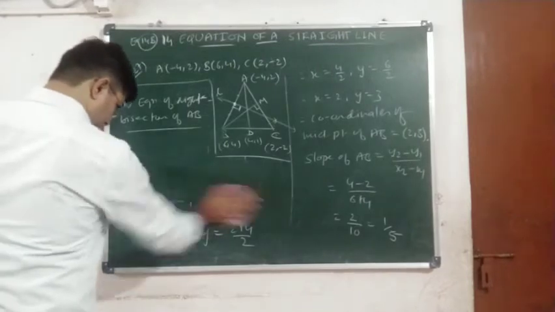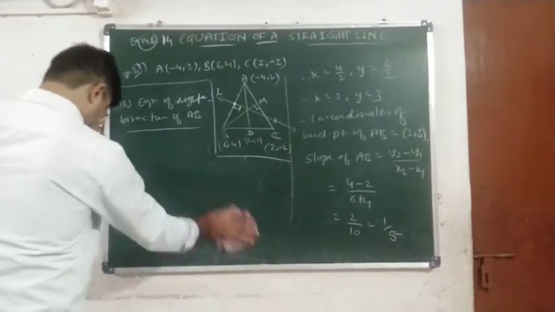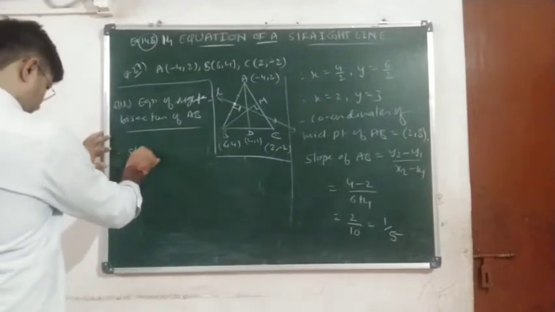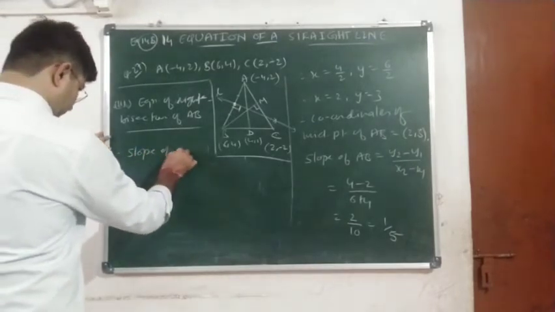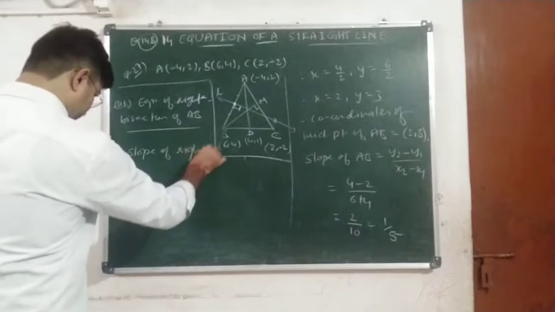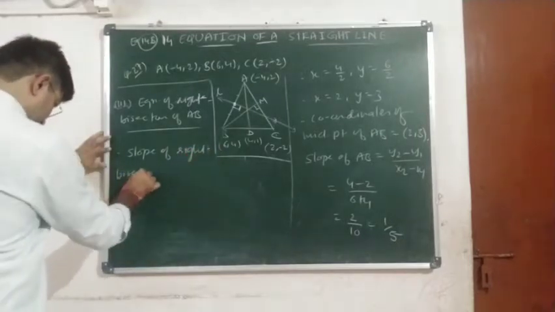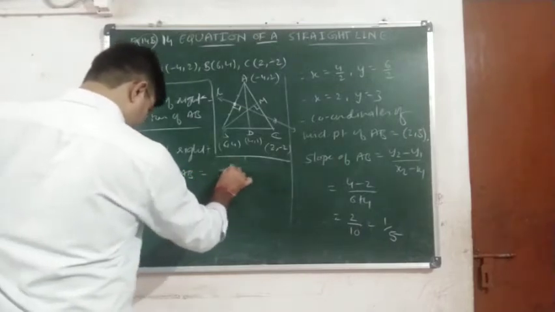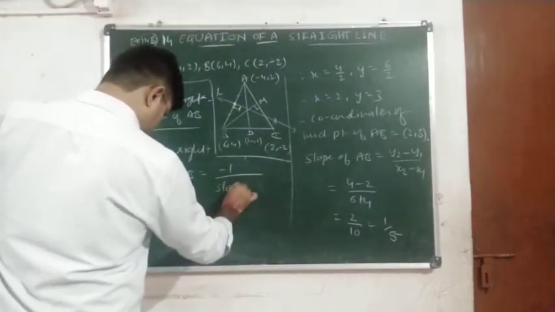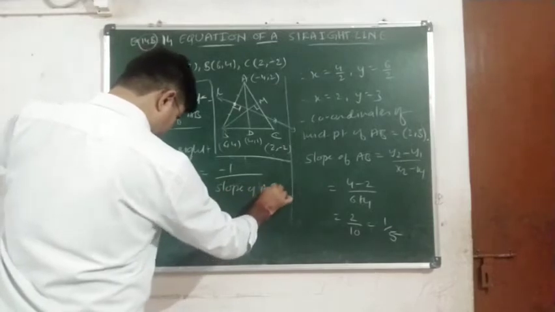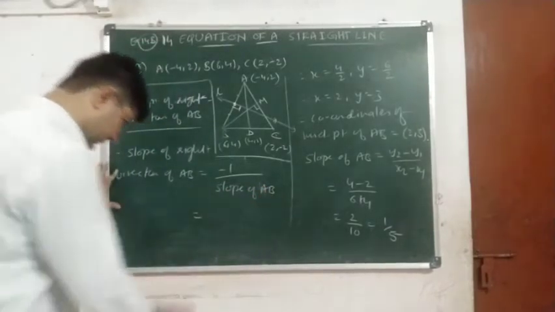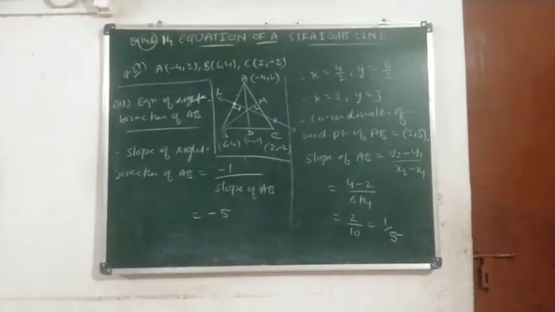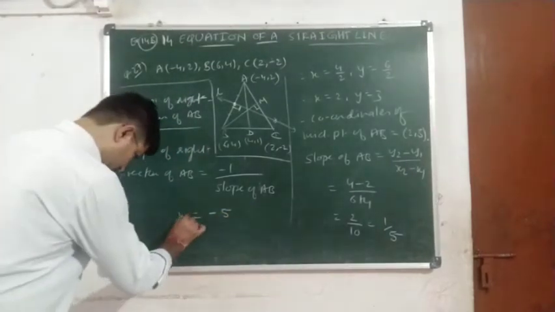So the slope of right bisector of AB is equal to minus 1 upon slope of AB, the negative reciprocal of 1 by 5, which is minus 5.